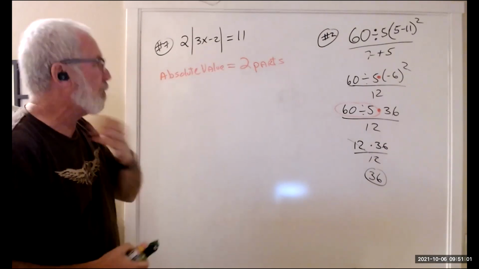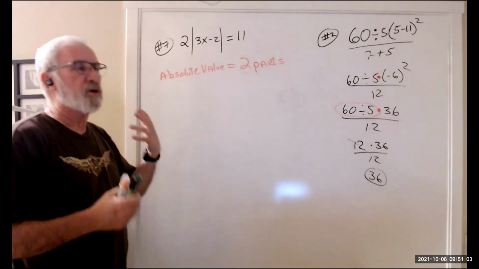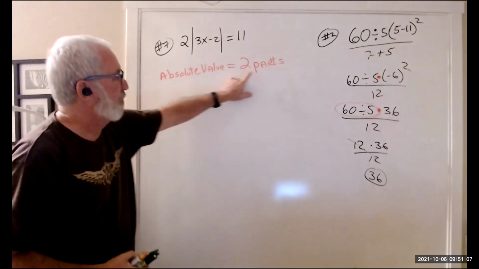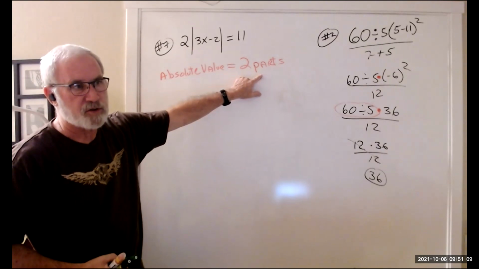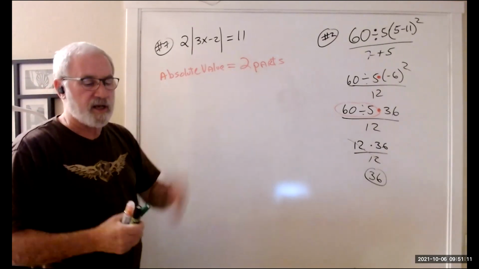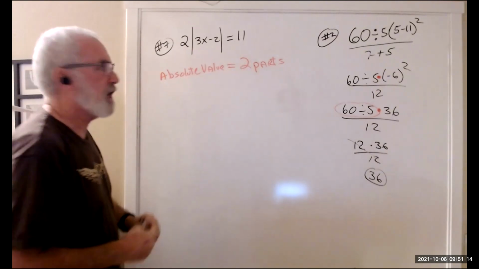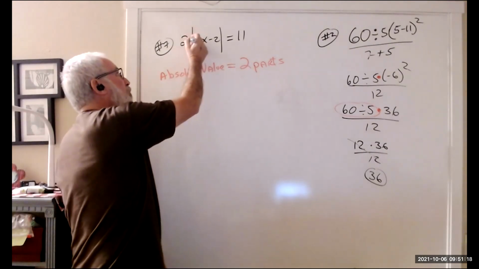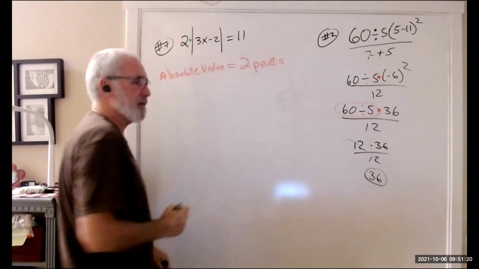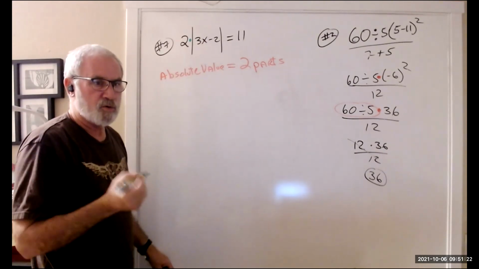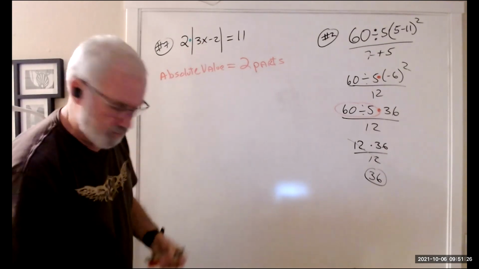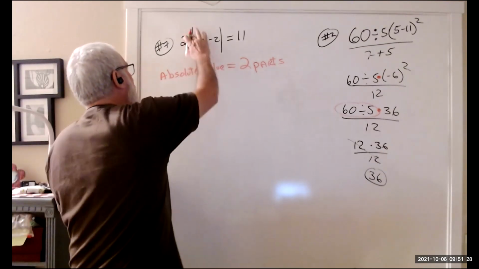However, what we said was, you have to isolate the absolute value before you split it into two parts. And here again is a common mistake. What does 2 absolute value mean? It means 2 times the absolute value. I'm not sure the green's showing up. 2 times.